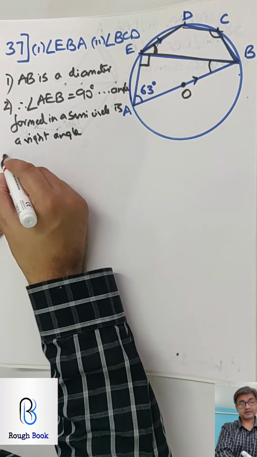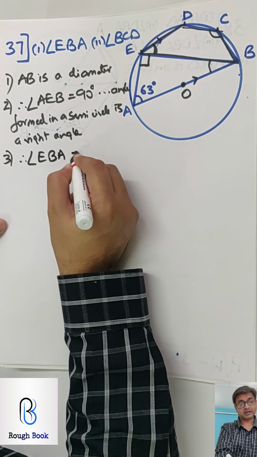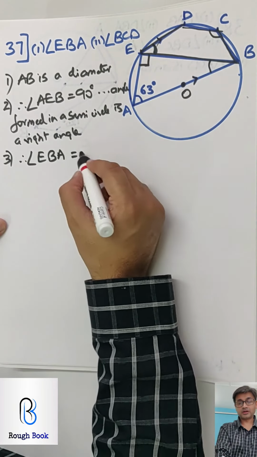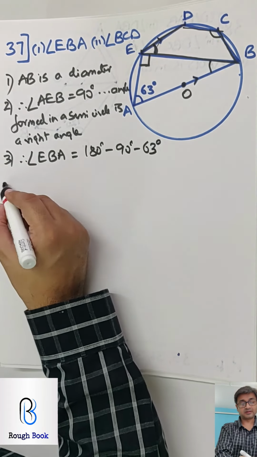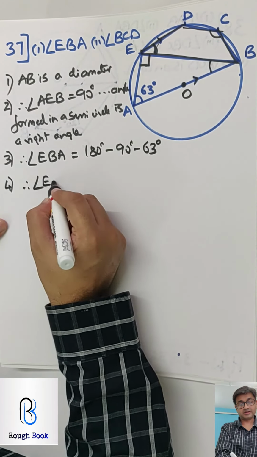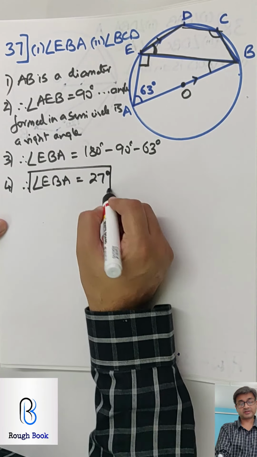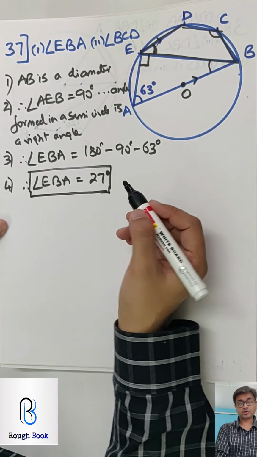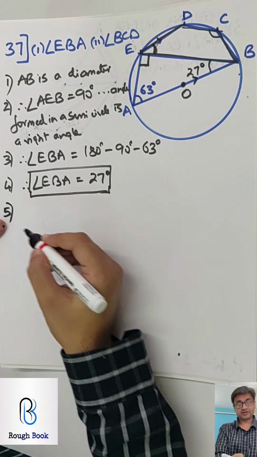So we got this 90, and therefore straight away I can say that EBA, this one, is 180 minus 90 minus 63, and therefore angle EBA becomes 27. Put a box. Wherever parts have been asked, you should have the habit of putting boxes. That's easily identified by the teacher.